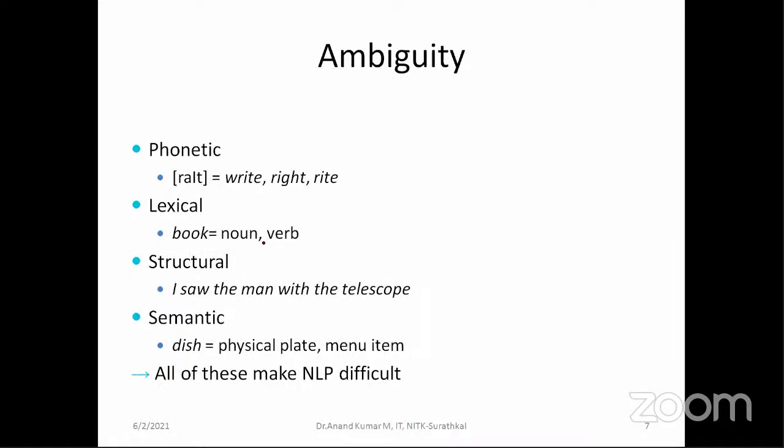The next one we can see is emotions. Natural language has emotions, and in programming languages we are not expressing emotions. One more thing is that natural languages have two forms: a spoken form as well as a written form. You can write ambiguity, or you can say ambiguity.